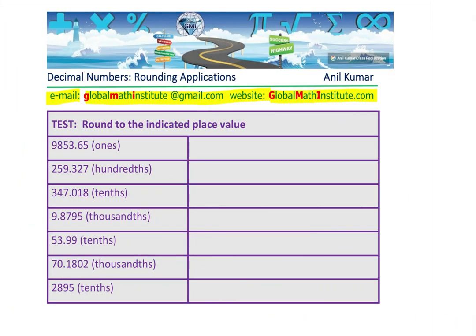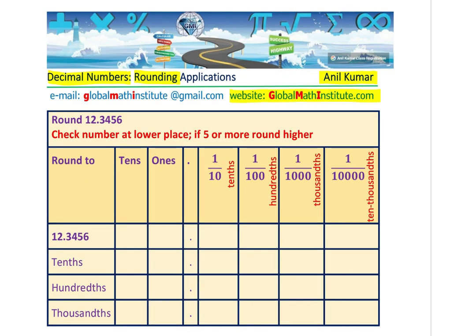Now, let us look into the understanding of rounding of decimal numbers. So let's begin with a very interesting number. We will round 12.3456. See how I read the number, 12 point. When a decimal is there, we say point. And we could say 12 decimal 3456.